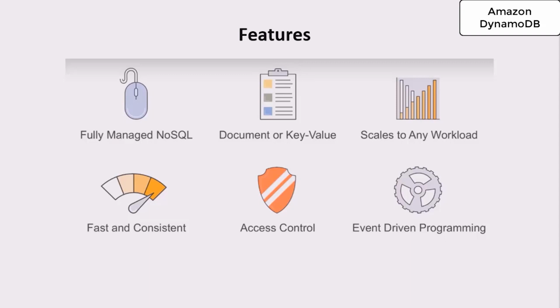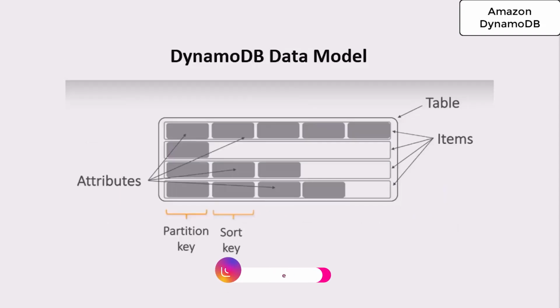DynamoDB, as we discussed in the previous sessions, can be used in event-driven architecture, like serverless architecture, where we can use DynamoDB with Lambda functions and other AWS services to create serverless applications.